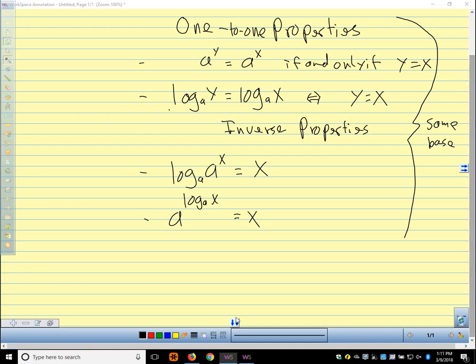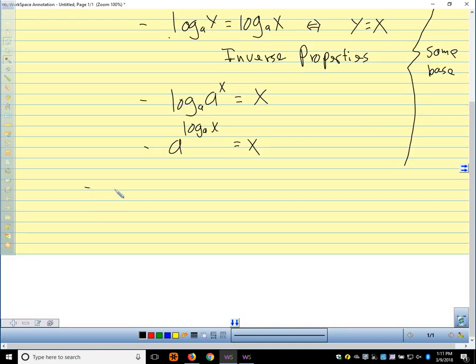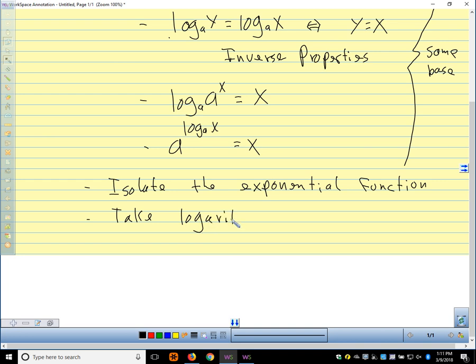In general, to solve exponential equations, this is very similar to solving trig equations, this isn't a hard and fast rule. It's in general a rule of thumb. We want to isolate the exponential expression, and then we're going to take the logarithm of both sides.